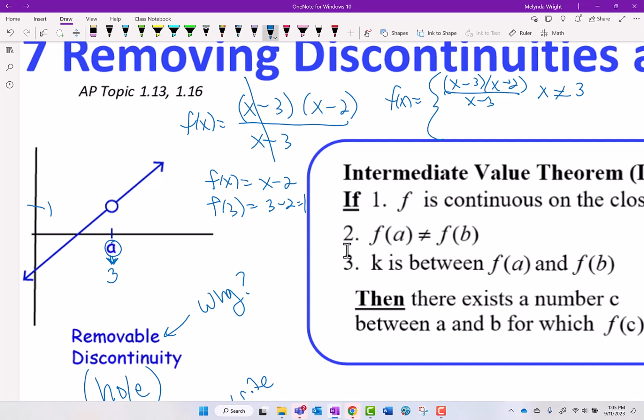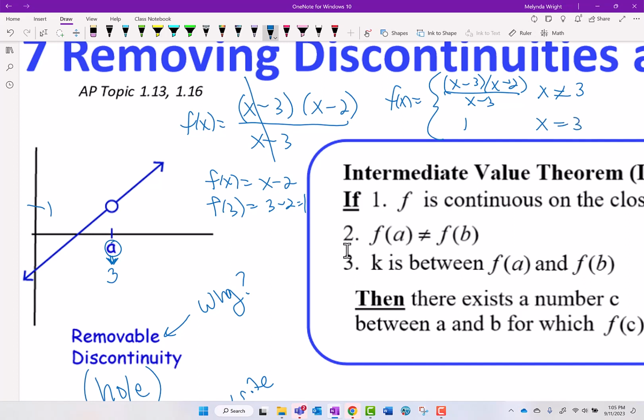It's that every time except when x is 3. Then we're going to choose a y value of 1. And why did I pick the y value of 1? Because that's the y value of the hole, right? So I'm basically removing it by saying it's 1 when x is 3.